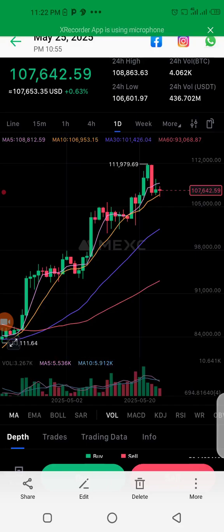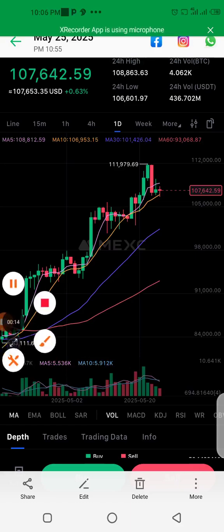For instance, if the monthly time frame is bearish, the weekly must be bearish, and also the daily must be bearish. Okay, so for your trade execution, you would simply make use of the 4 hour and the 1 hour time frame. Any time frame lower than this can easily be subject to market manipulation.